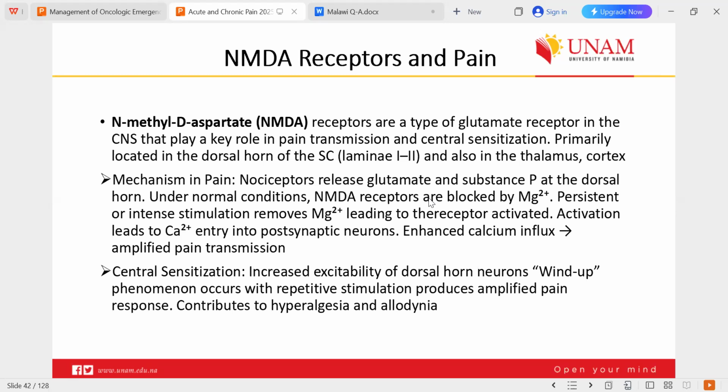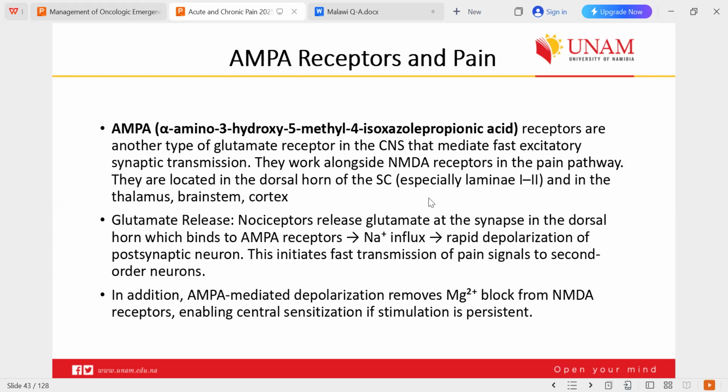Centrally, this can lead to what we know as the wind-up phenomenon, where repetitive stimulation can cause an amplified pain response. And this is where you have your hyperalgesia or allodynia. You remember allodynia that we mentioned in our previous slides. We have the alpha-amino-3-hydroxy-5-methyl-4-isoxazolepropionic acid receptor, I'm biting my tongue, guys.